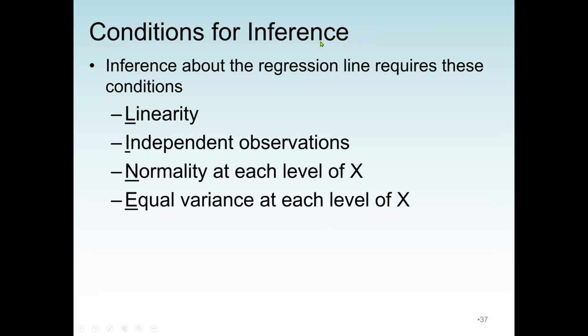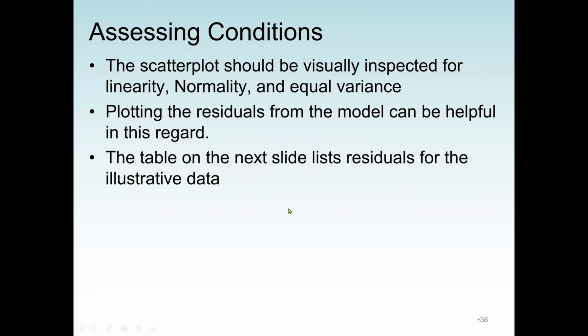Conditions for inference: here we are dealing with linear regression, so we make sure our data is linear. Also, we need independent observations, then normality at each level of X, and equal variance at each level of X. To assess the conditions, the scatter plot should be visually inspected for linearity, normality, and equal variance.